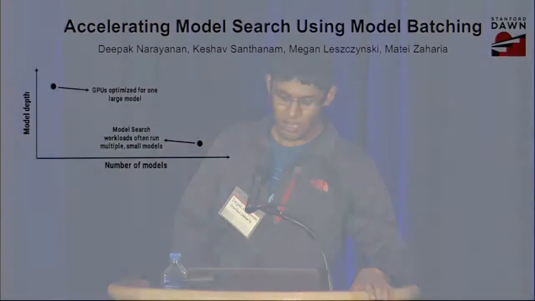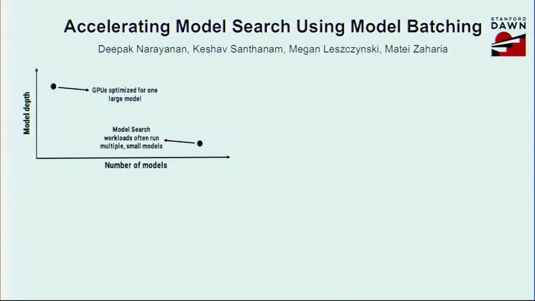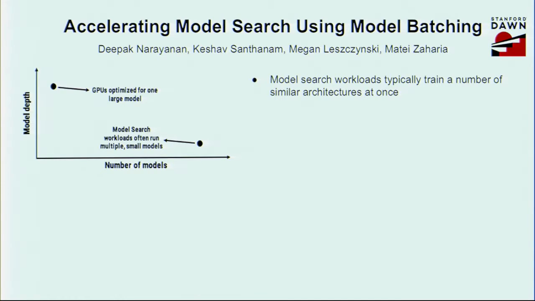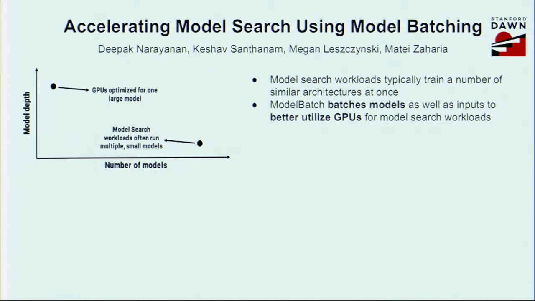The problem domain we've been looking at is neural architecture search applications, which try to pick the optimal neural architecture given a data set and a broad description of a task. The problem is that these model search workloads typically involve training a number of really similar architectures at once that don't fully utilize the most modern GPU hardware we have available.